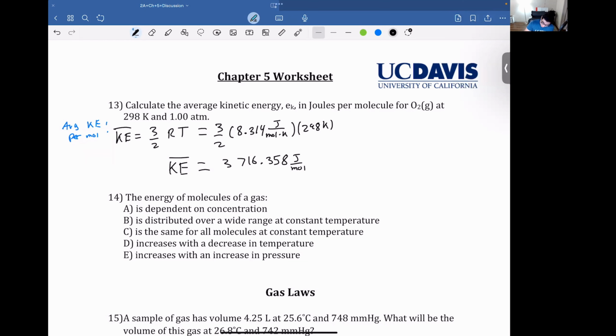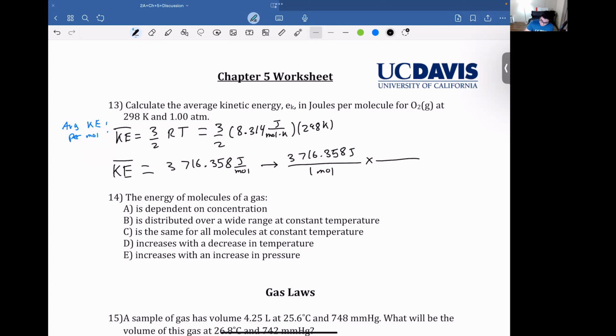So what do we do? If we want to go from mole to molecule, as you should be familiar with by now, we use Avogadro's number, because I want this in joules per molecule. For every one molecule, how many joules of energy is there?